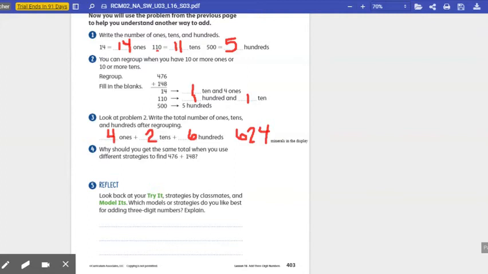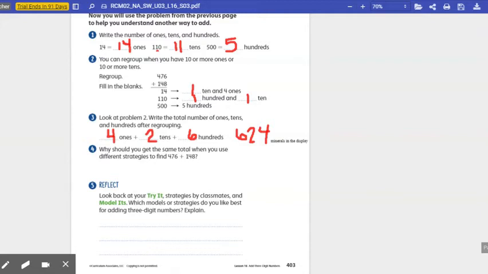Why should we get the same total when we use different strategies when we're adding numbers together? When we're combining those totals, it doesn't really matter the way that we combine them as long as we've combined the whole number, right? Now, if we leave a part of that number out, we'll of course get an incorrect total. But as long as we add all of those numbers together, we can do it different ways and still get that same total.